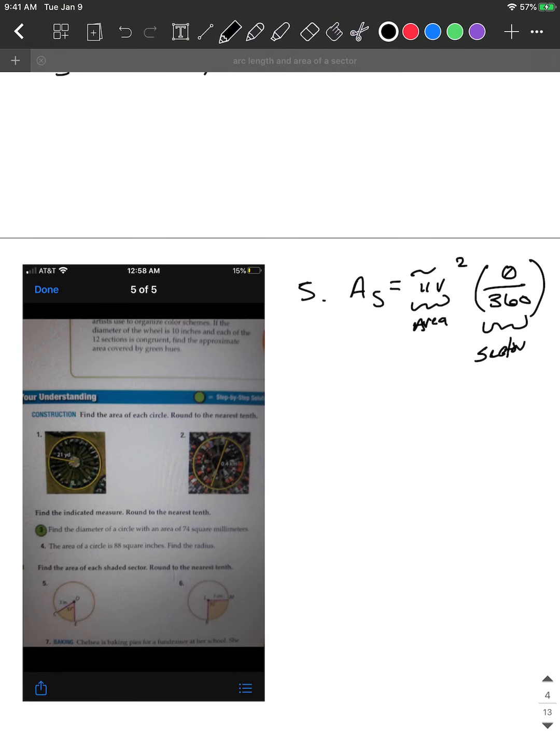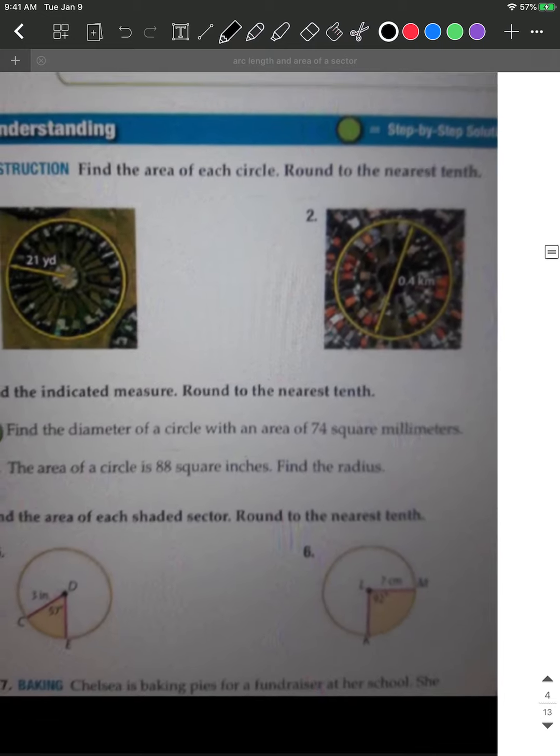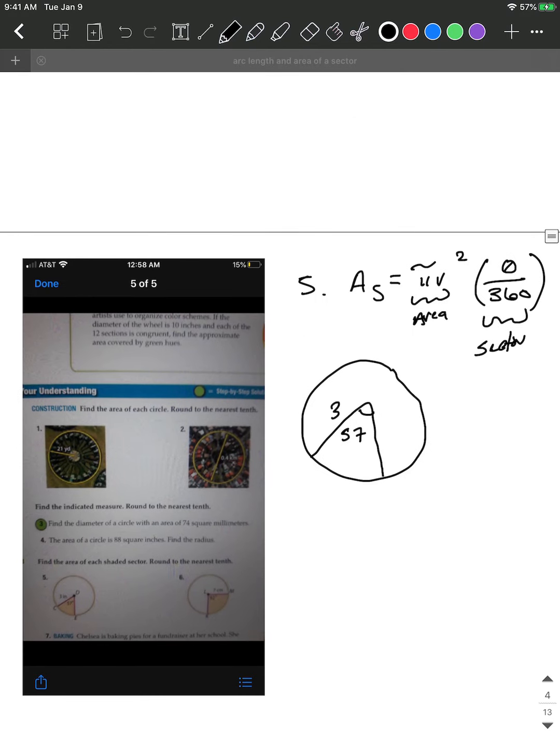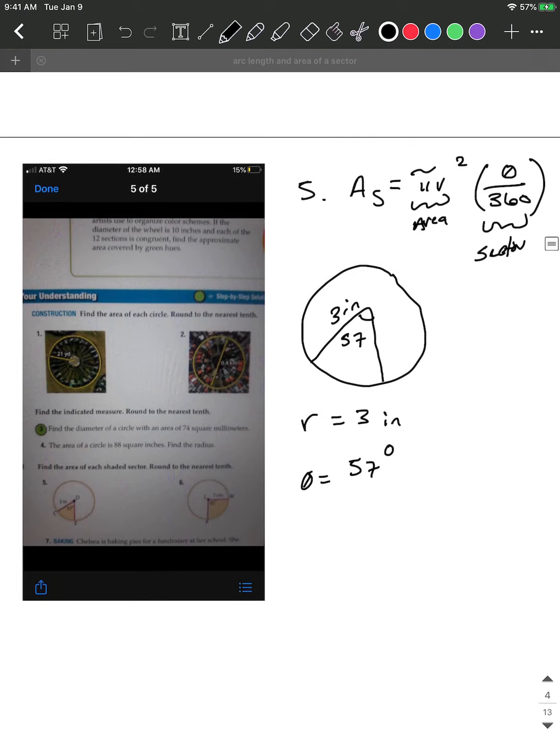So when we're looking at our problem, here's my circle. This is 57 degrees and this is 3 inches. From here we can just plug it into the formula. Because we're given an r, which is 3 inches, and a theta, which is 57 degrees, we can plug it in.